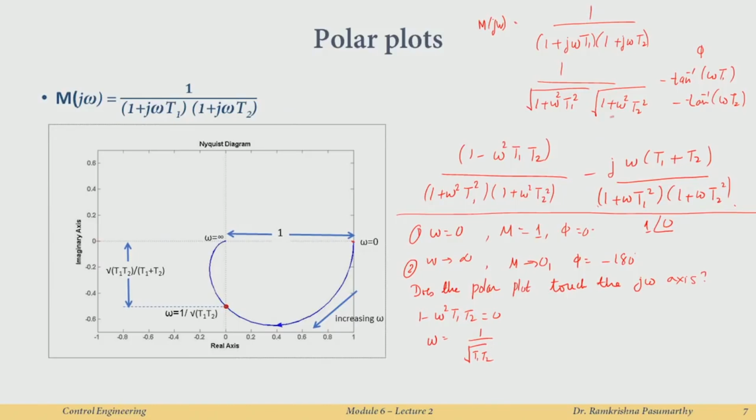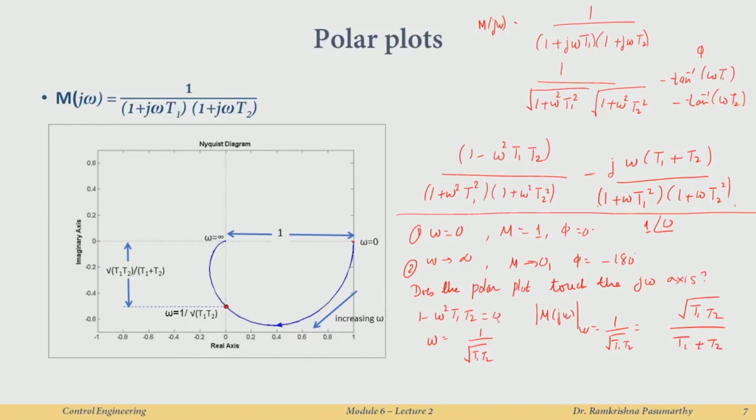Omega is 1 over square root of t1 t2 over here, and what you get is that the magnitude of M of j omega at omega equal to 1 over square root t1 t2 is simply square root of t1 t2 over t1 plus t2.